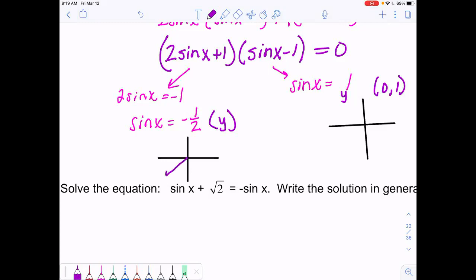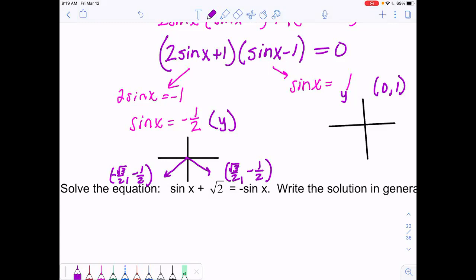Sine is -1/2 in the third quadrant and -1/2 in the fourth quadrant. So y is negative down below the x-axis, positive up above.